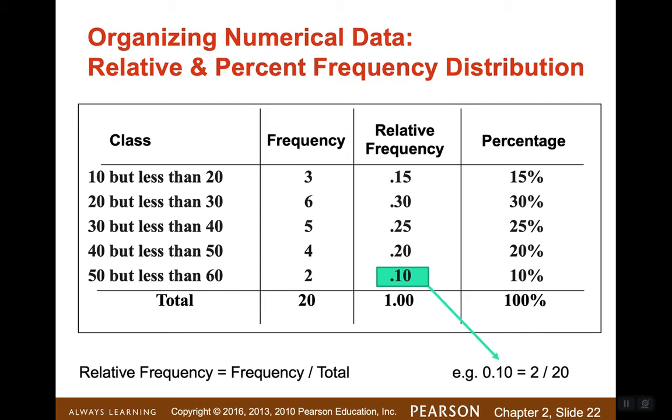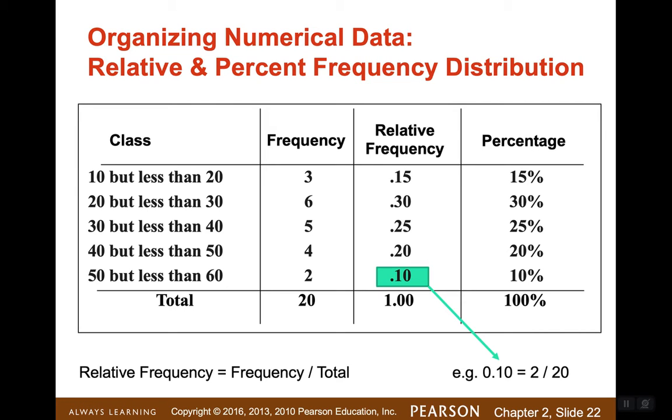Then once we have that, we can go through a couple of additional calculations, where we calculate what we call the relative frequency. All the relative frequency is, is the number that we captured in our frequency divided by the total. So it's the percentage of each one. So 0.15 represents the number of values that we found that were at least 10 but less than 20.